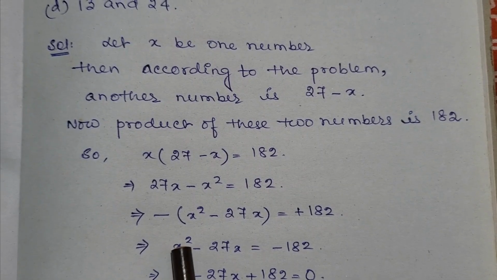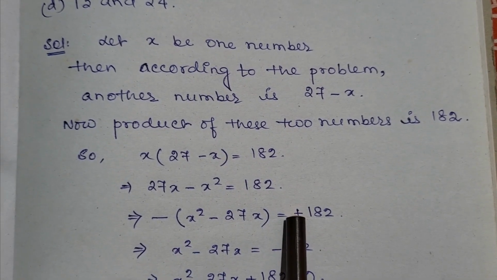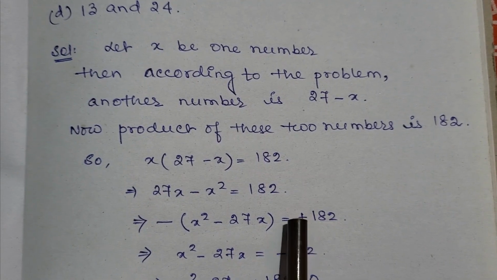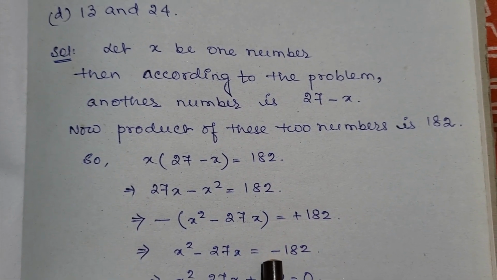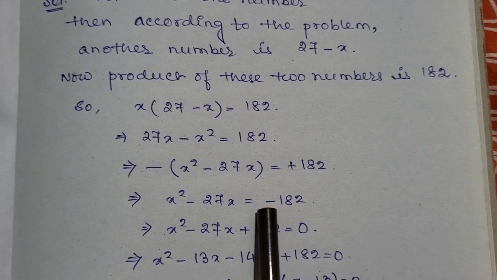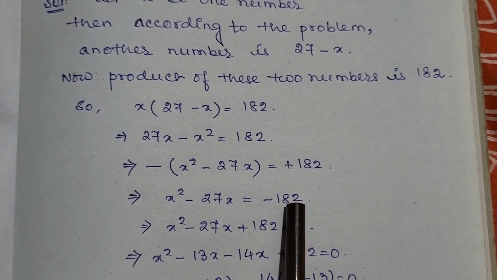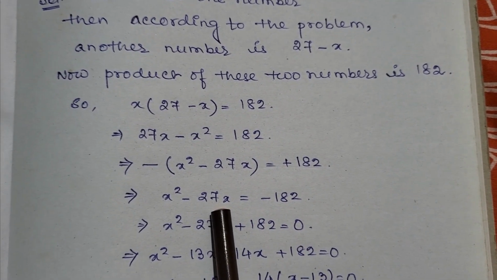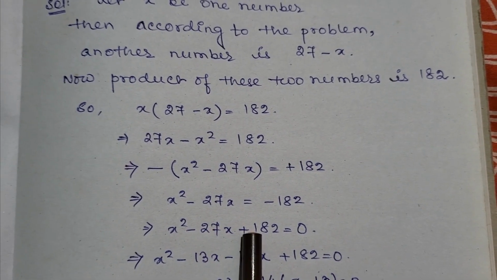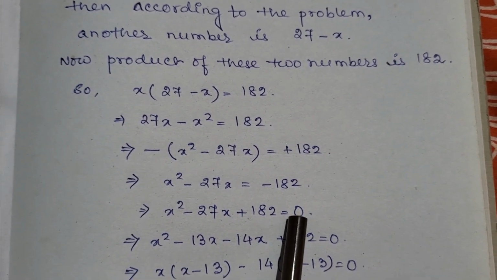Since here was a plus and we are multiplying with a minus, it gives a minus, so it is minus 182. Now taking this minus 182 to the left hand side of the equation, we have x square minus 27x plus 182 is equal to 0.